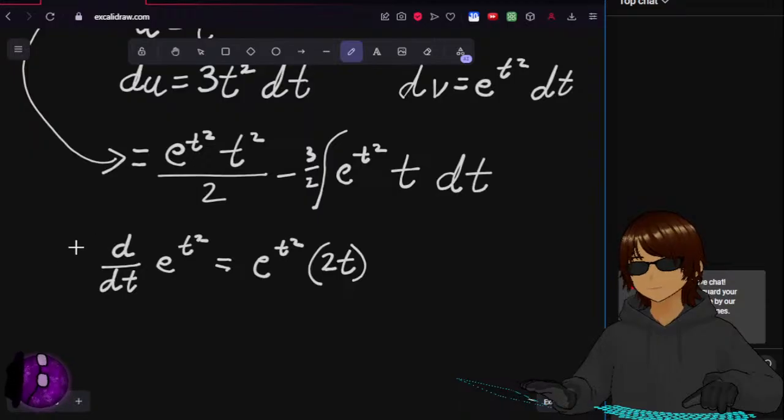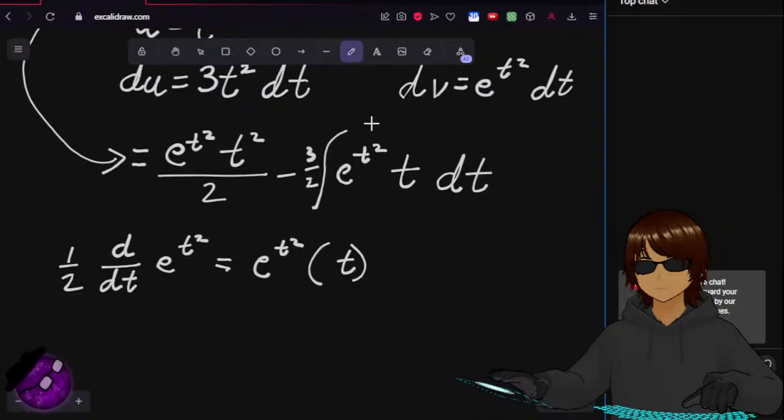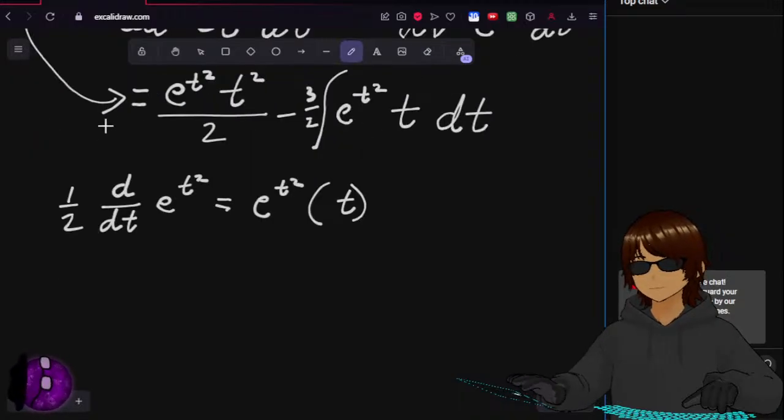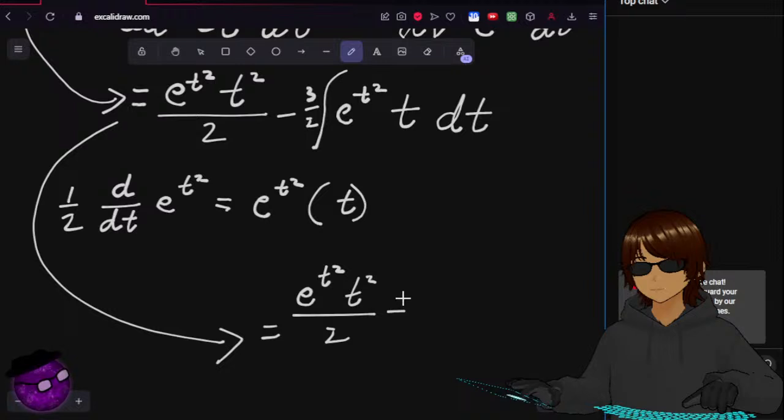So derivative of half, give me this. So this becomes 3/4 plus c.